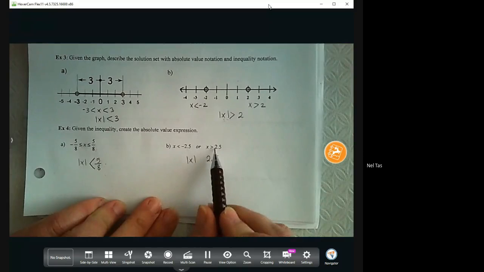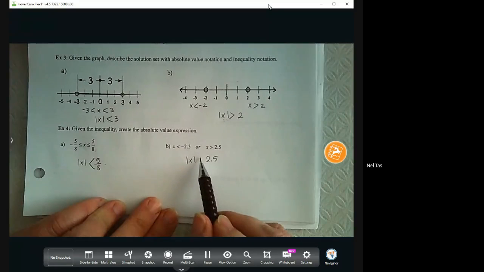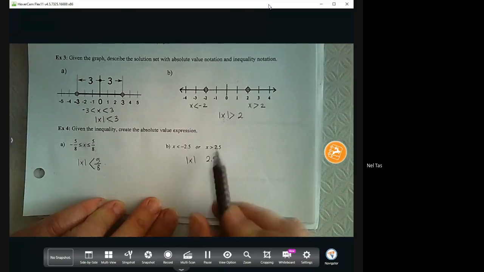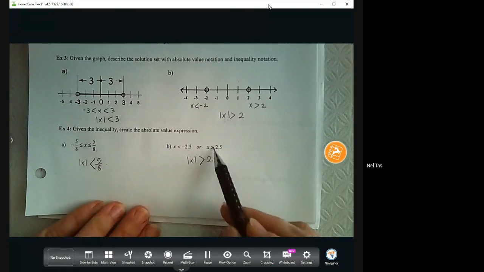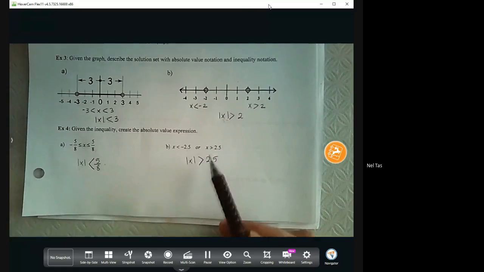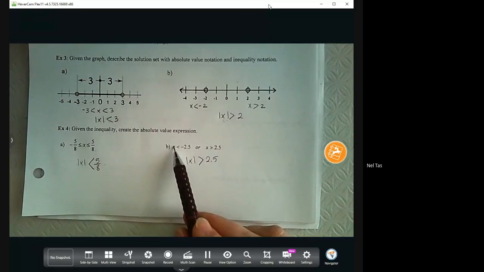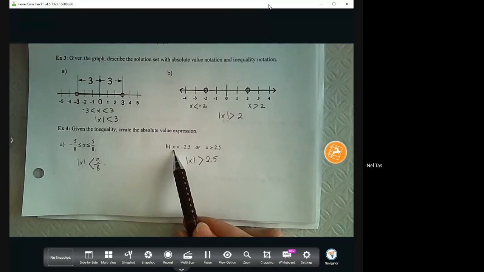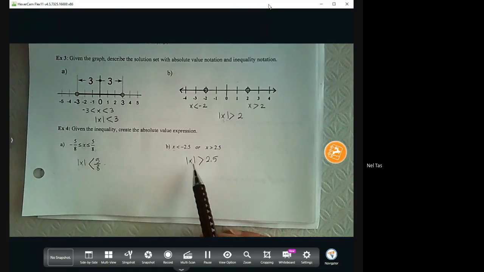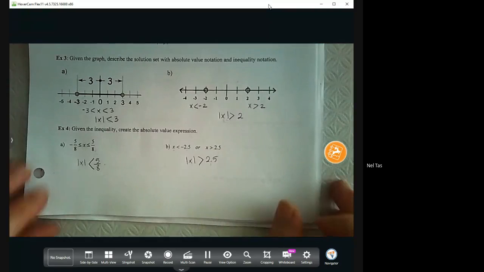And this time, again, you need to decide if you should put greater than or less than. Okay. And that's going to be greater than. Again, you can always check your answer by picking a value. Let's say we pick a value that is less than negative 2.5, negative 4. Sub in, absolute value of negative 4 is 4, which is greater than 2.5.